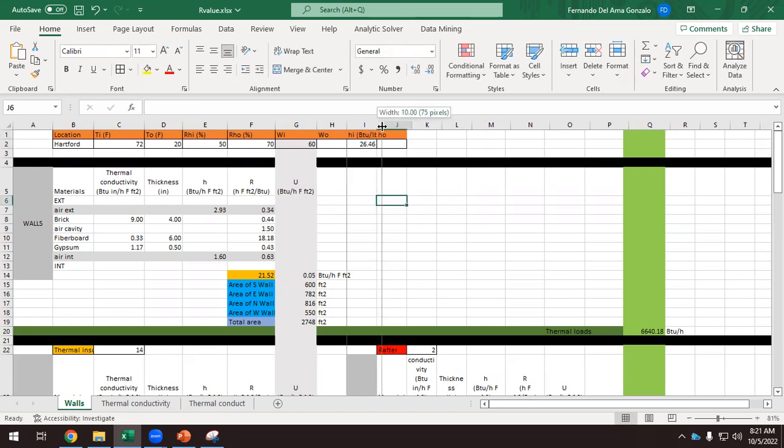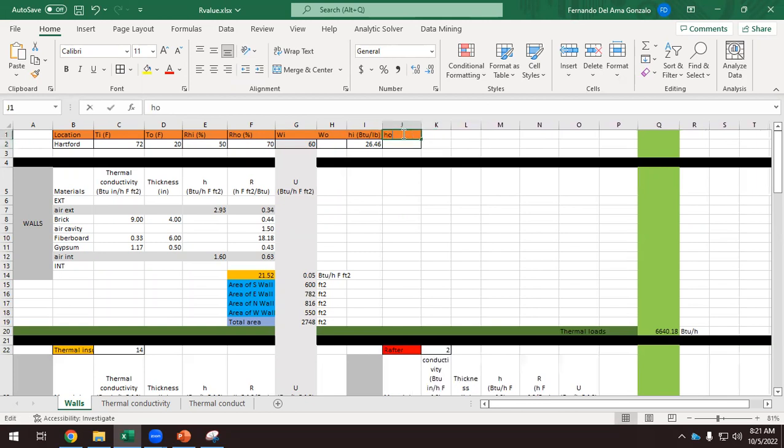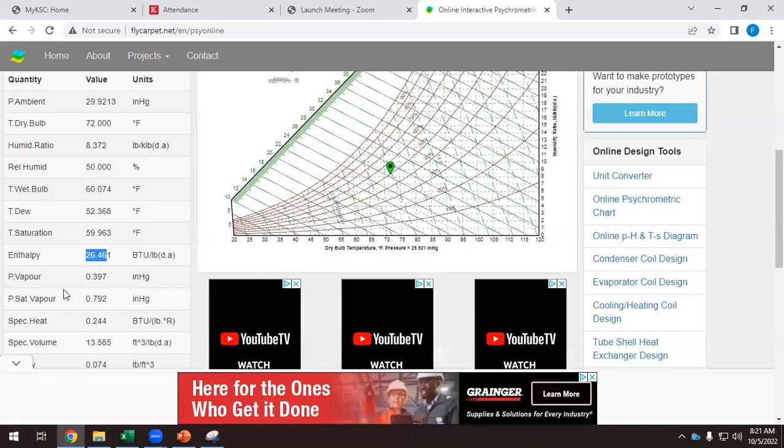So the same units for the outdoor enthalpy, BTU per pound. Okay, so all these values come from the psychrometric chart.